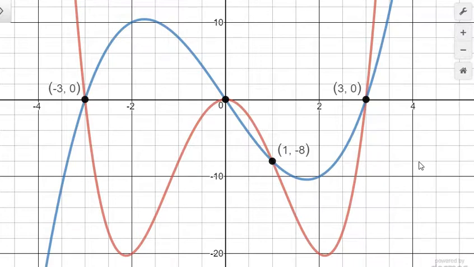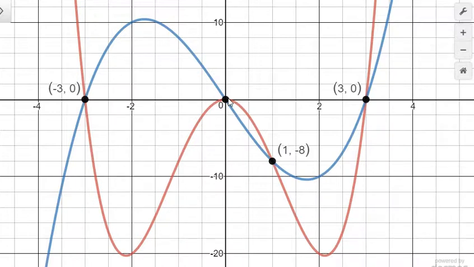Keep going. Yeah, the top and bottom functions flip-flop, don't they? So you kind of have to look at this in 3 different intervals. So the first interval would be from -3 to 0. That's the first interval.